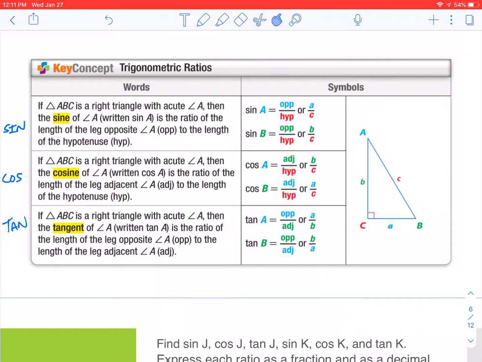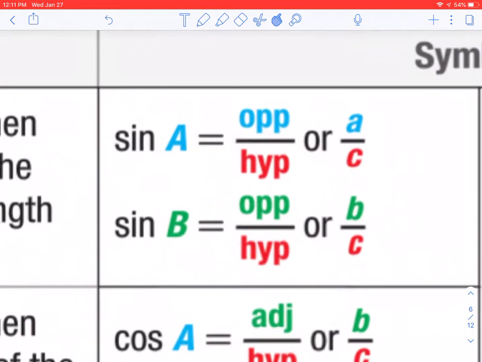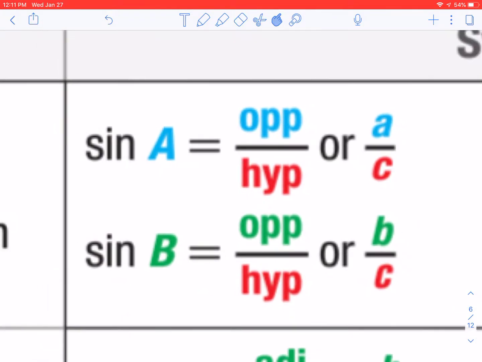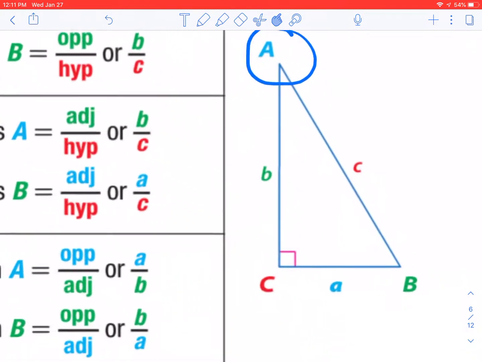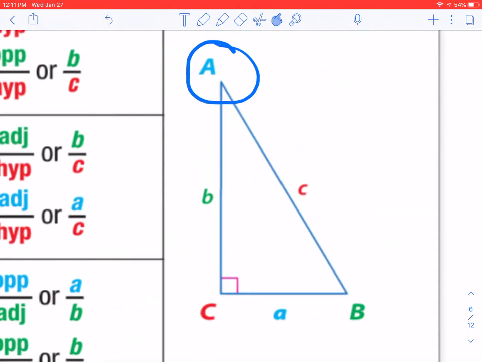So this slide is pretty busy. Let's look at sine. The sine of angle A equals opposite over hypotenuse. So let's look at angle A. What side is opposite of angle A? Straight opposite of angle A. Draw a dotted line, and I'm going to call that opposite.